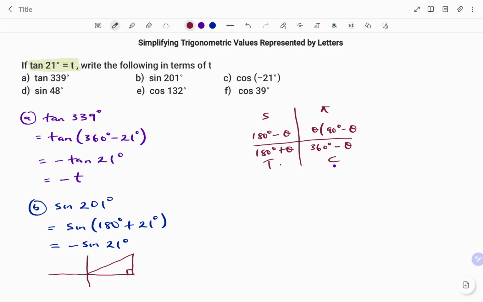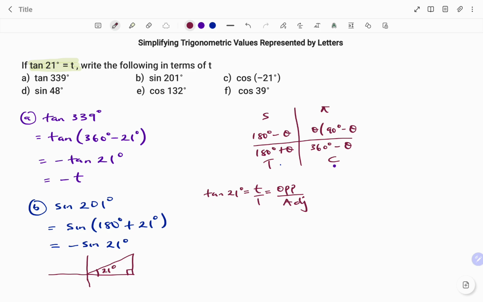And if you look at the question, we have tan 21 degrees equals t. That's a whole number, so that's t over 1. And from your trig ratios, tan is opposite over adjacent. So if I go back to the diagram, I have the reference angle to be 21 degrees.